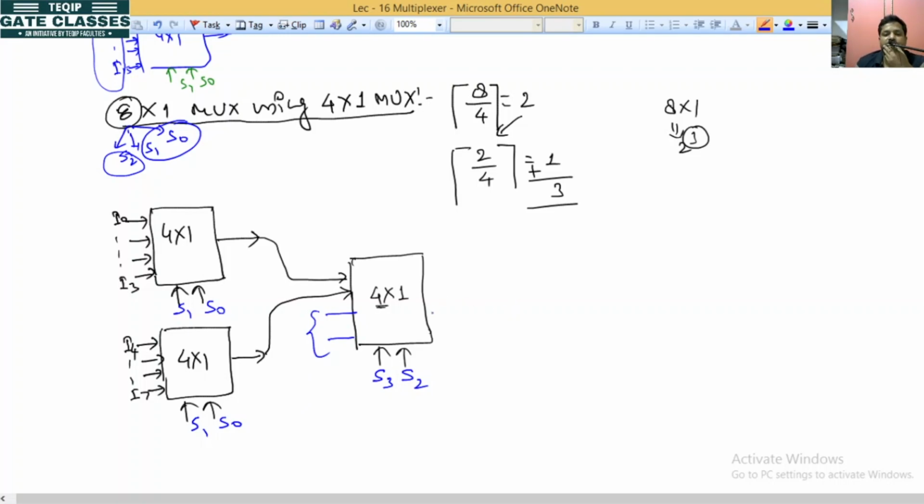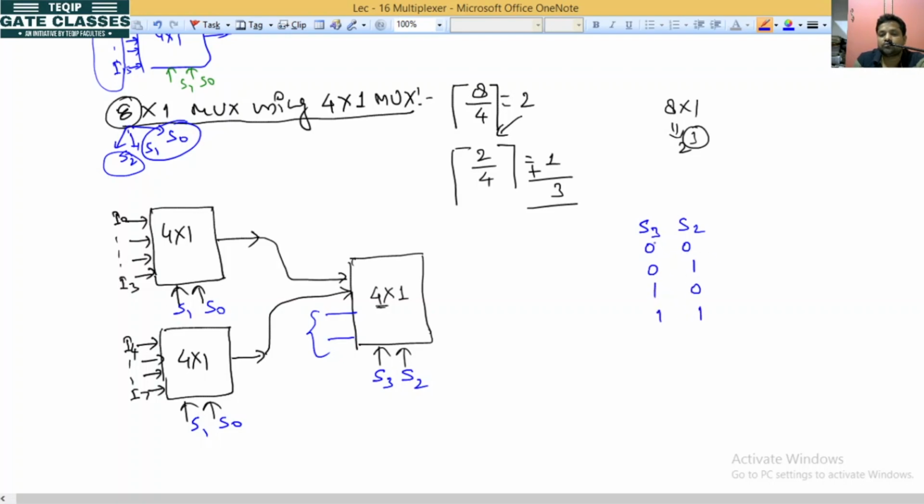So what happened? We have to adjust this S3 in such a way that these 2 inputs never come to the output, okay na? So how do we do this? Suppose I have S3, S2, so how many combinations will be there? 0 0, 0 1, 1 0, 1 1.